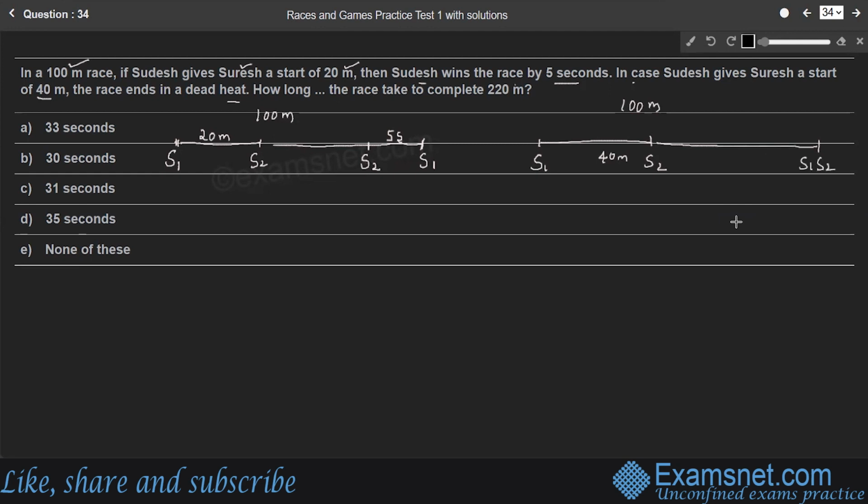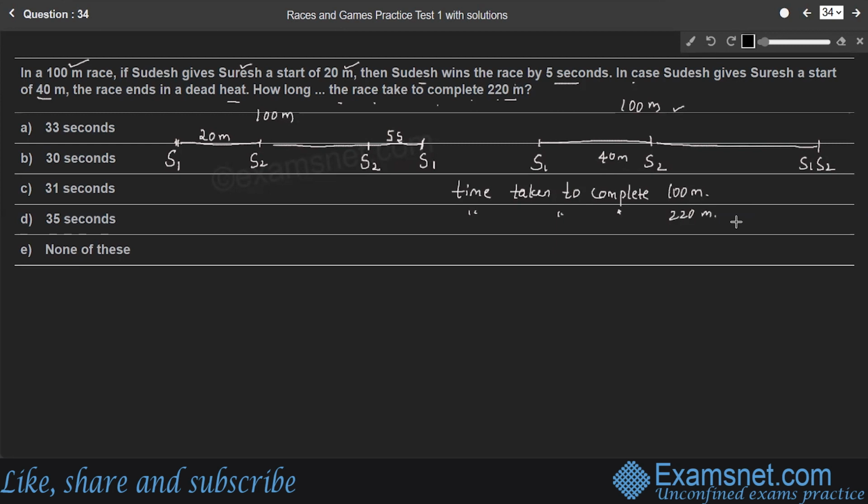Here the question is how long the race takes to complete 220 meters. So to complete 100 meters, what is the time taken? We need to find that first, and then the time taken to complete the 220 meter race, right?